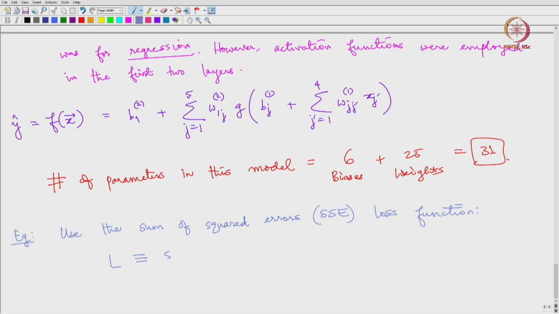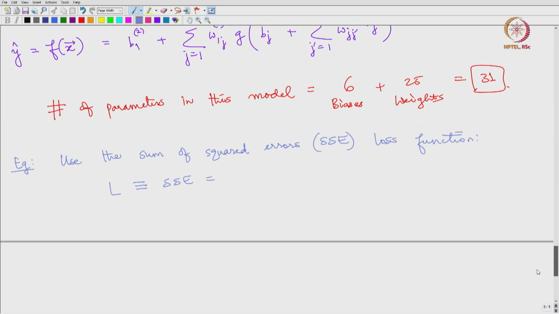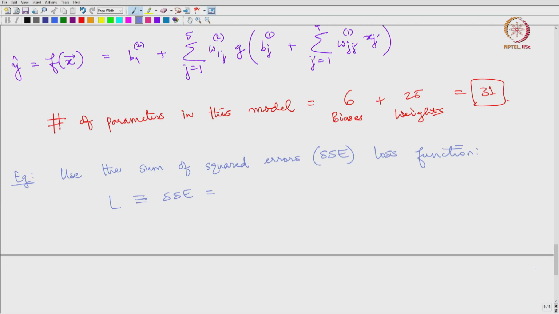So, L is defined here as the SSE loss function, which is one of the most favored loss functions for a regression problem, and you know that this is simply the sum over i going from 1 to n. Here, of course, I am writing it as n. I am assuming that we are only using one batch in the training process. So, that is why all the training data is included here. So, the difference between the predicted value and the true value, whole square.